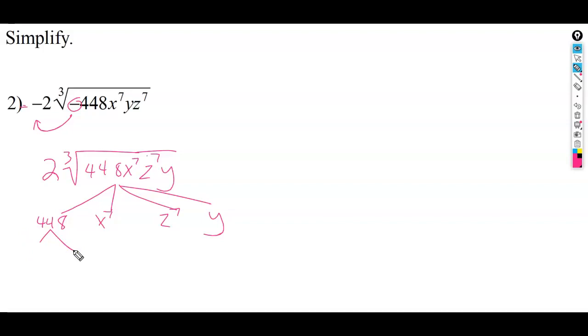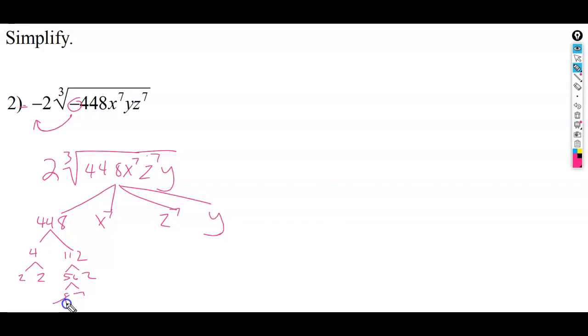Alright, so the number is going to make us work a little bit here. I know 4 goes into that. 112. We know 4 breaks apart. 112, that's 56 times 2. 56 is 8 times 7.